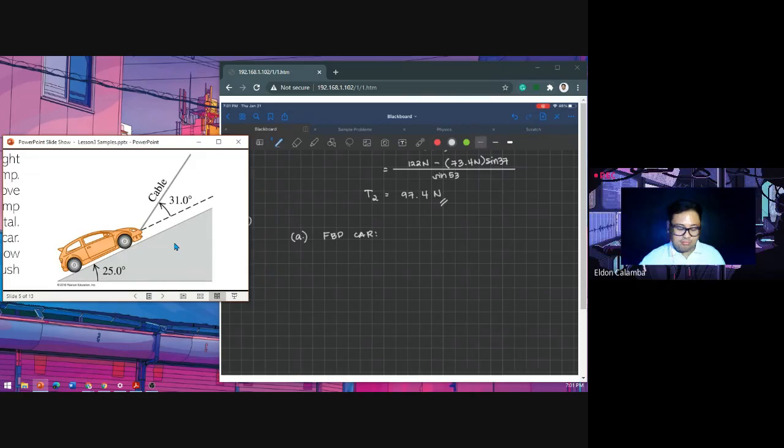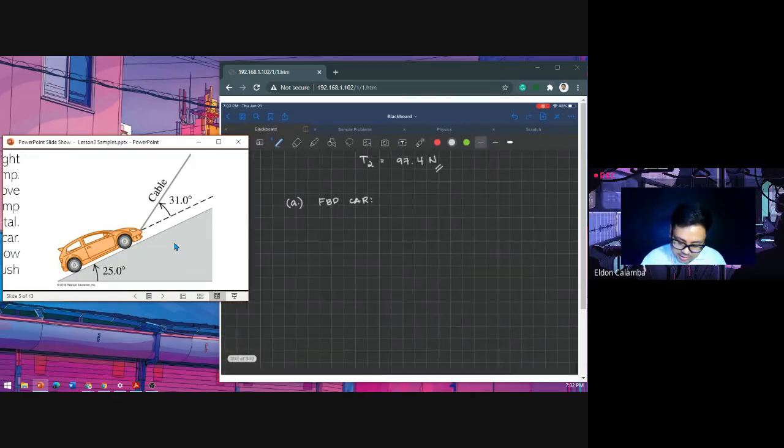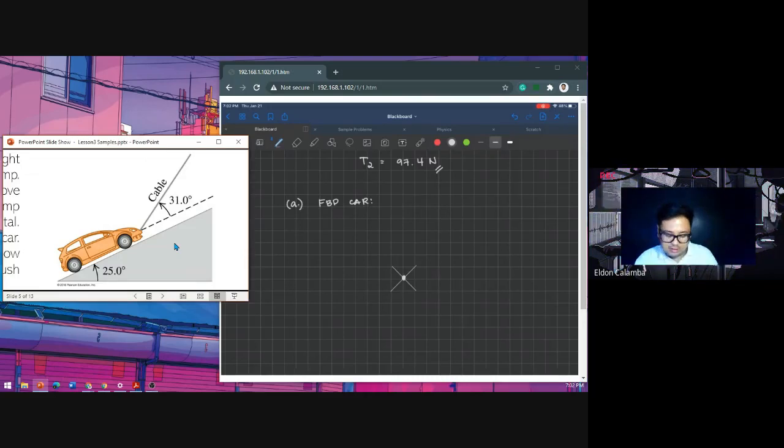Since it is on a ramp, we rotate X and Y, treat the car as a point particle, with positive X going up the ramp and positive Y perpendicular to it. So in our FBD, we have the ramp, so we have the normal force, the support.